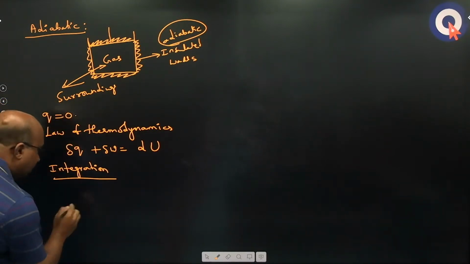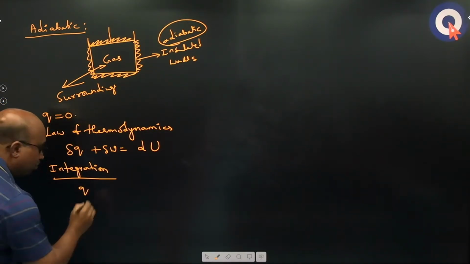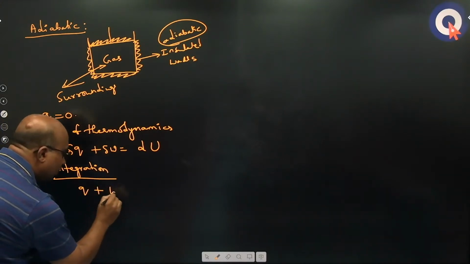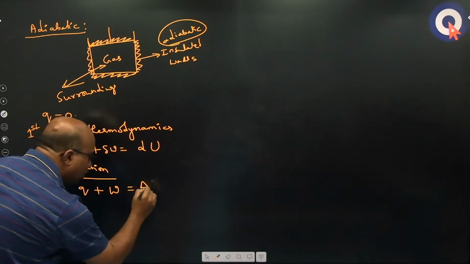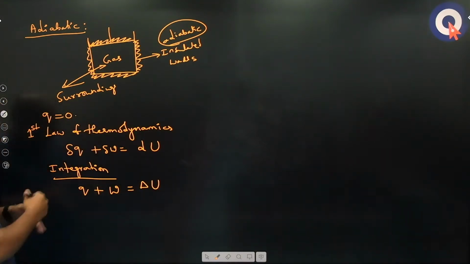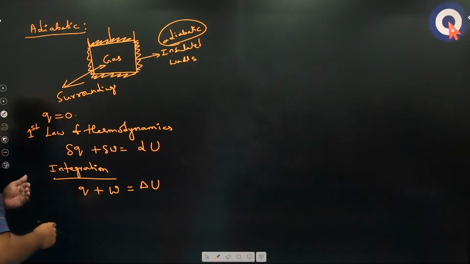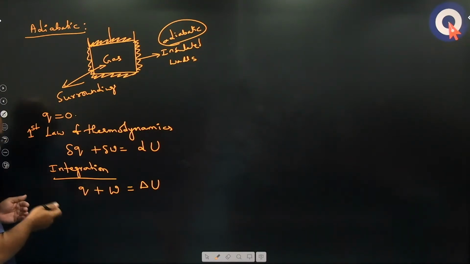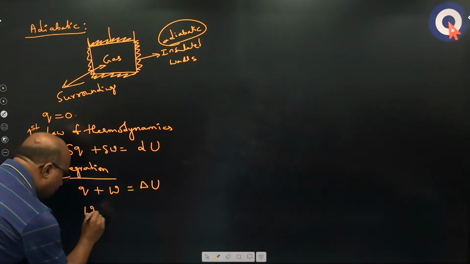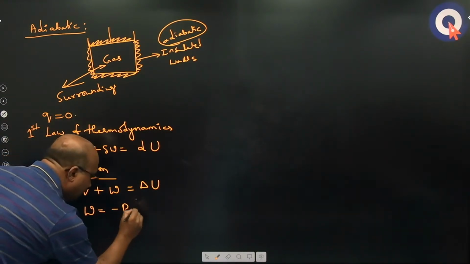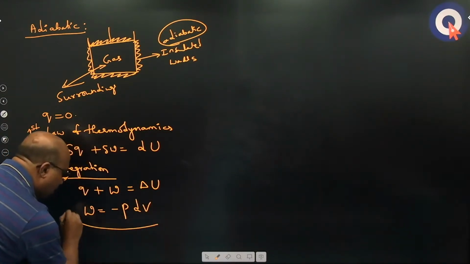So we directly write Q plus W is equal to the integration, which is nothing but delta U. This is okay, just trying to revise the topics required for us. But W we usually say as minus of P dV.